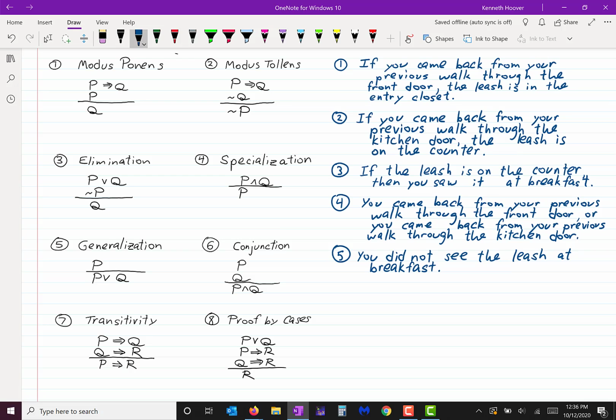So let's do this. Let's write down the 5 basic statements and let's name them. So first, I'll write these in green, okay? So first I'm going to write, let's make that a little bigger.